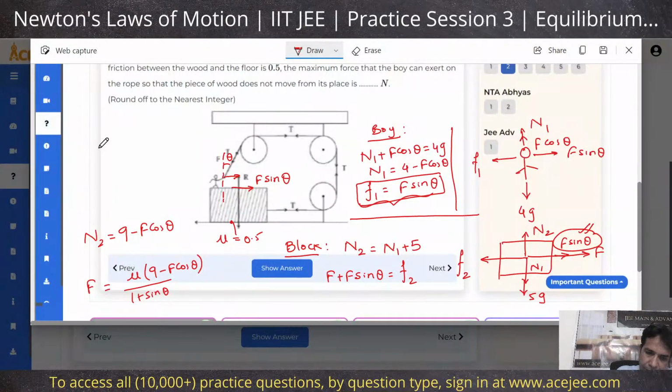So we'll have F times 1 plus mu cos theta, divided by 1 plus sine theta, is equal to 9 mu g upon 1 plus sine theta.